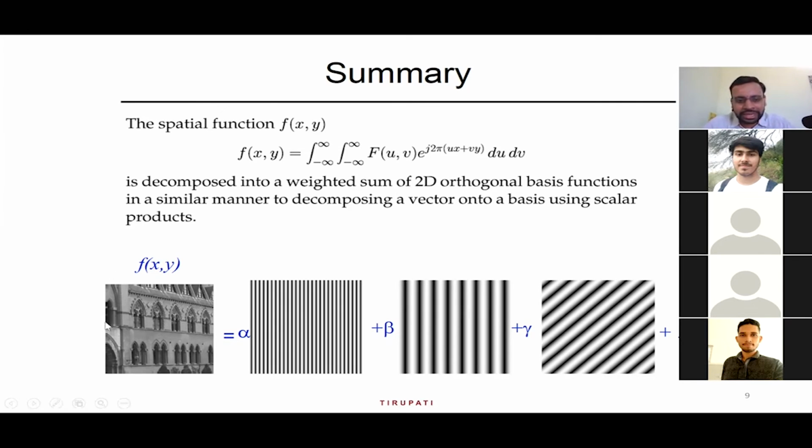So you could think that you have an f of xy, and you are going to reconstruct that by giving different weightages to the functions whose frequencies vary both in x and y. You take all the combinations, because here there is one summation from, let's say, minus n by 2 to n by 2 and minus m by 2 to m by 2, or 0 to m minus 1, or 0 to n minus 1.